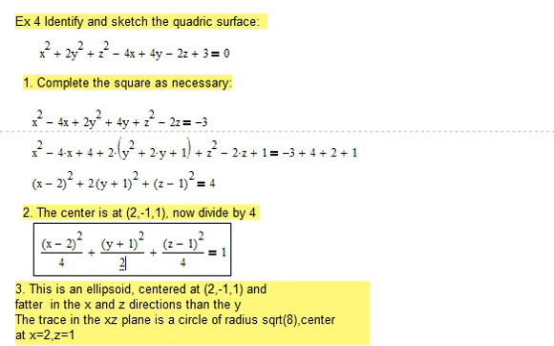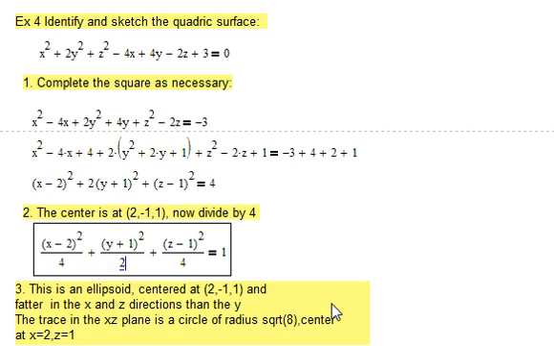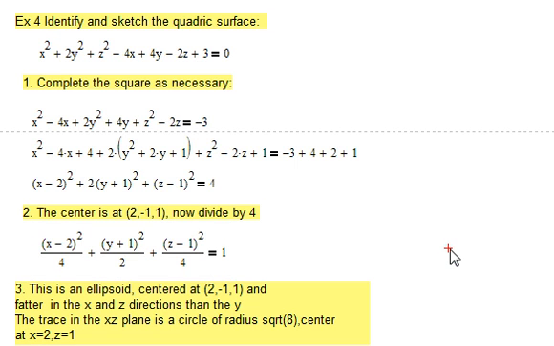The trace in the xz plane is a circle of radius square root of 8. See why that is? In the xz plane, that means y is negative 1. Actually, no, that's not true. In the xz plane, y would be equal to 0. So this would be 1 squared over 2, so this would be 1/2. If I subtracted a half from both sides, this would be a half.